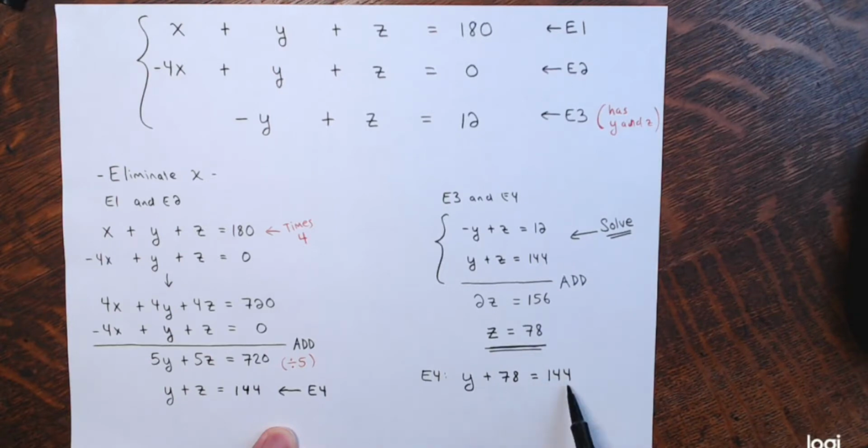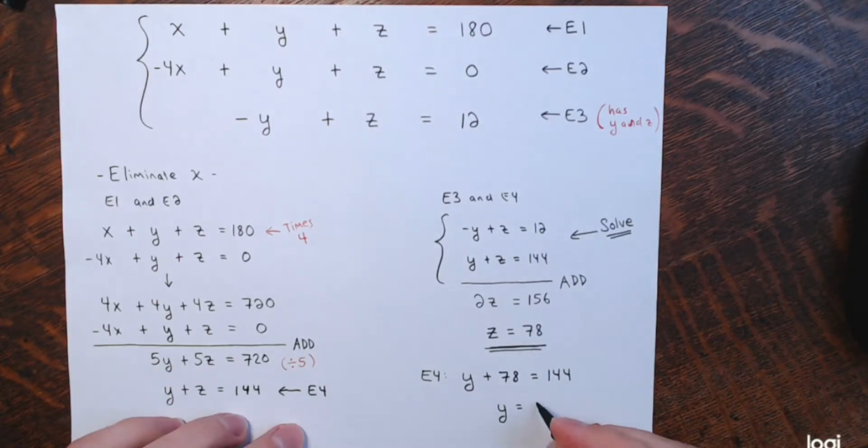And then I would subtract 78 from both sides. That would give me 66, since 78 plus 66 would be 144. And there's the value of y. That is the measure of the second angle.